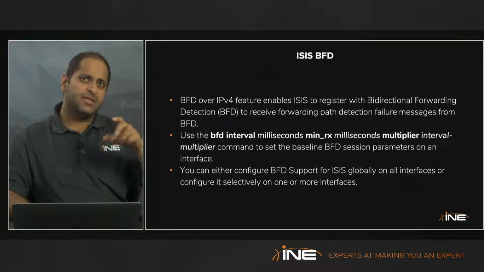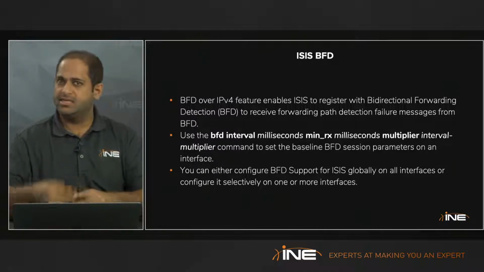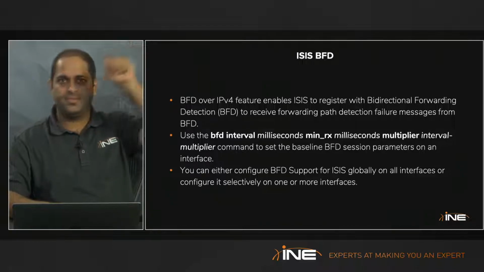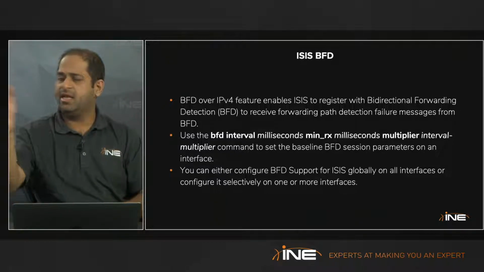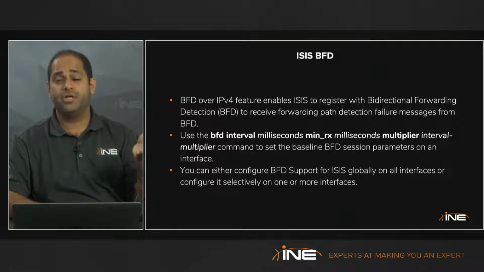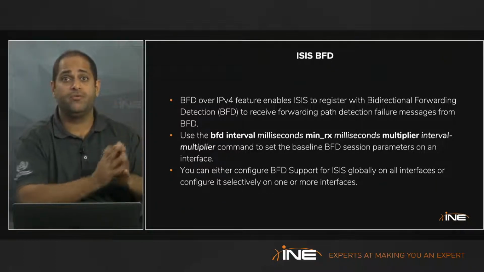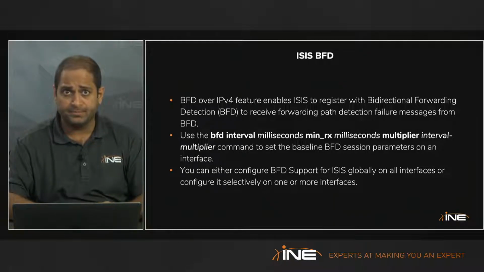So as soon as a link failure is detected, let's say you don't send me a response back, BFD would inform OSPF or IS-IS that this link has failed, and immediately your neighbor goes down and your router will reconverge as per the new path.